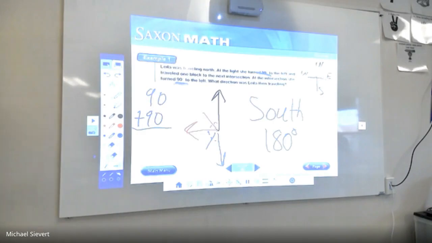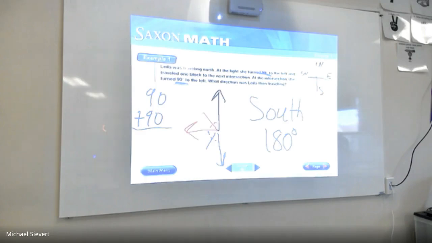Now, what is the magical number? What is that magical number when we talk about degrees and circles? Like when we talk about degrees, what's the total amount of degrees you can have in a circle? Kingston?